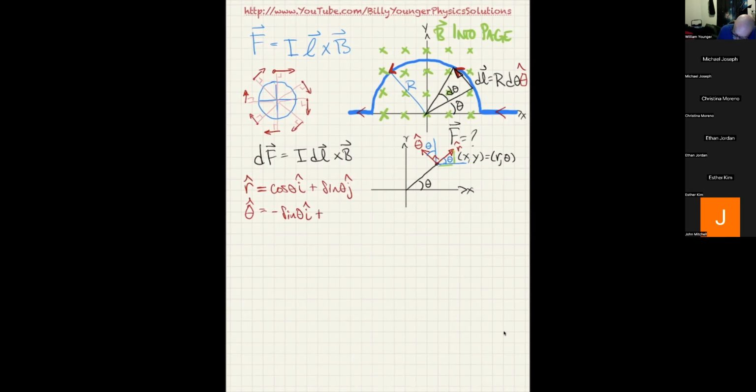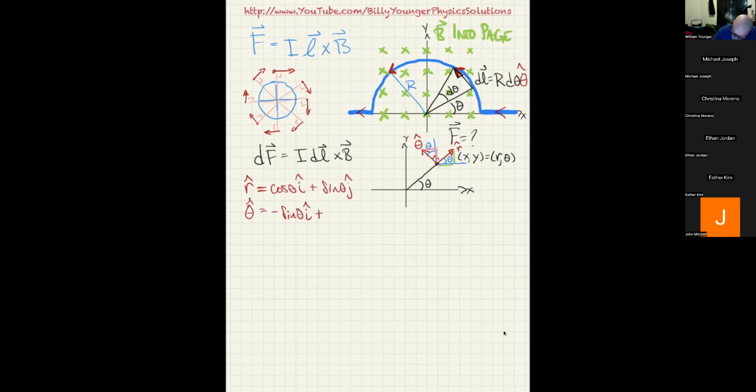And then the y component is, anybody want to take a guess on that? So there's that vector and that vector. I've already done the one that's going to the left.